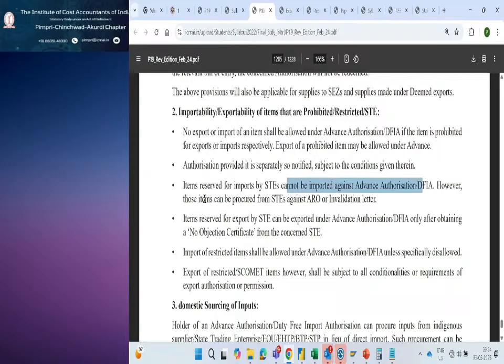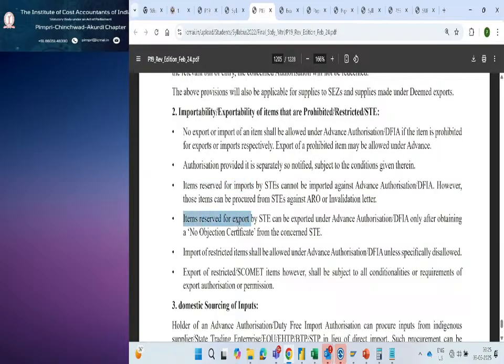And the items can be procured from the state trading enterprises against an advance release order or invalidation letter. Wherever there are points which are easy for you to remember, like items reserved for imports and items reserved for export.